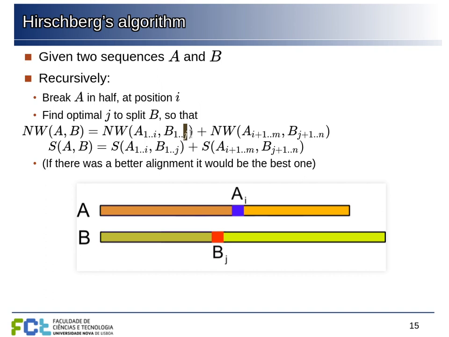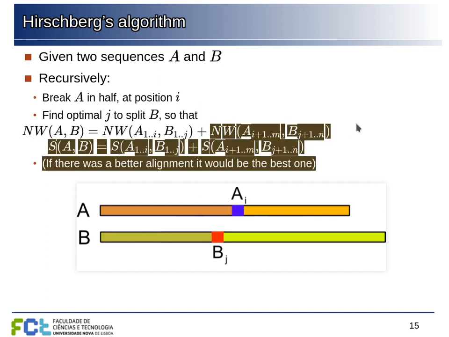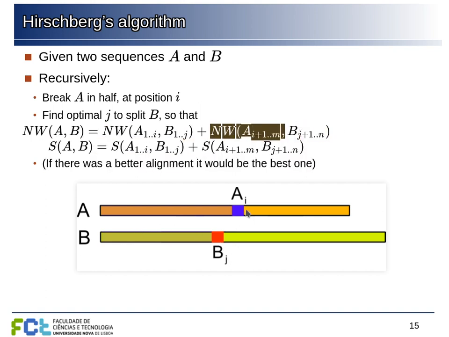So there must be a J so that the optimal alignment using the Needleman-Wunsch algorithm between A and B would be just a concatenation of the optimal alignment of A from the beginning to I and B from the beginning to J, plus the rest, which is A from I plus 1 to the end, and B from J plus 1 to the end.